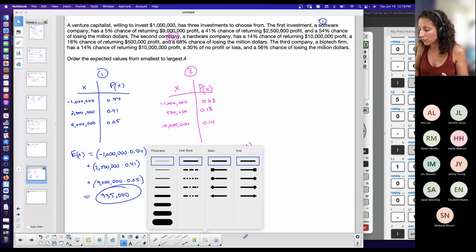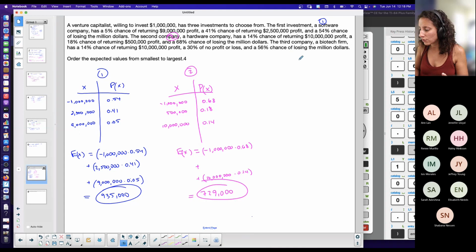All right, let's do this one in purple. I think there's one more, right? The third company, a biotech firm. And again, I probably would not draw the table. I just go straight to the calculation. But I'm doing it for practice and for you guys, for your notes. So either 14% chance of returning 10 million, 30% chance of no profit or loss, okay? 56% chance of losing a million.